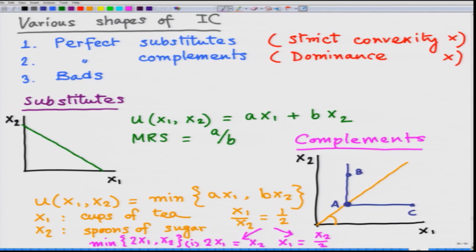If I follow the expression 2, then the utility function becomes this. So this is the type of utility function that is used in the case of the perfect complements.